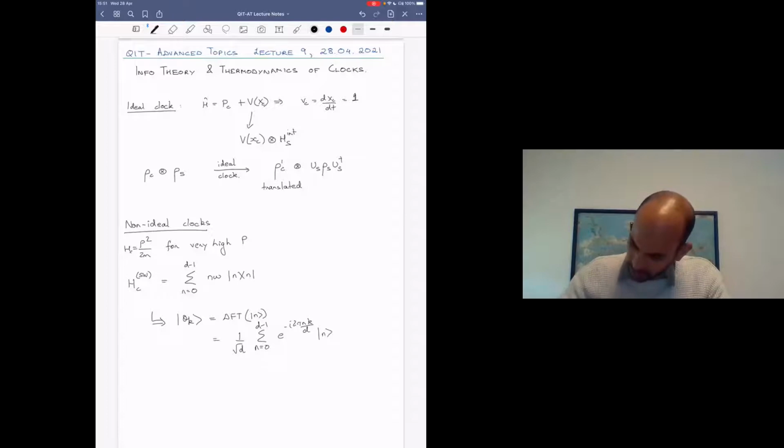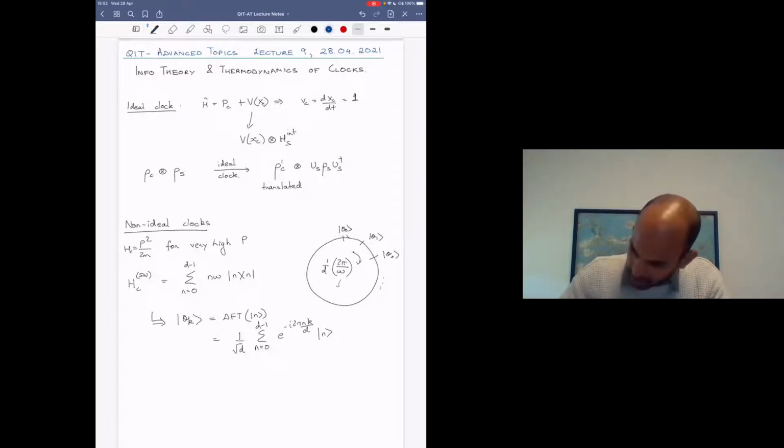And the behavior of this basis is that if we write these basis states as appearing on a circle, because they are actually angles, then we know that if we start with any basis state, it will go to another one in a time interval of 1 over d, 2 pi by omega.